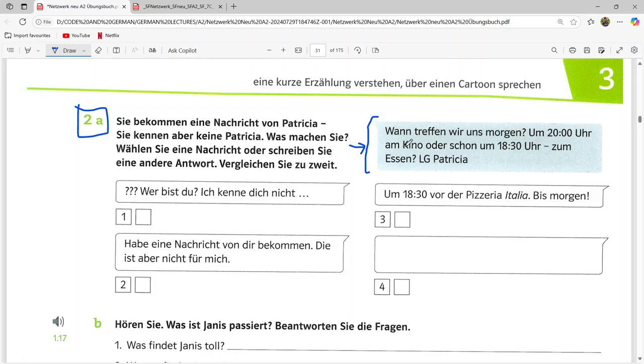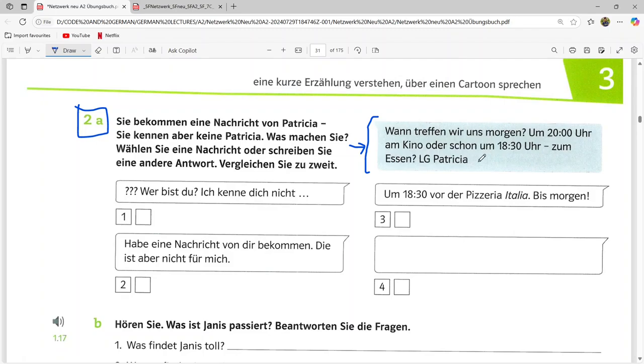20 Uhr am Kino. At 8 at the cinema. Oder schon 18 Uhr 30 zum Essen. Or at 6:30 for eating. Okay.